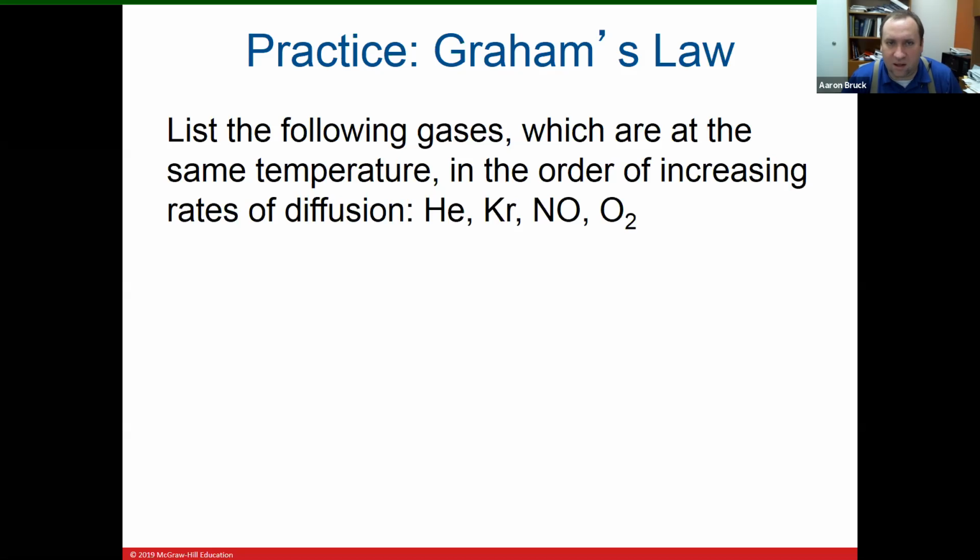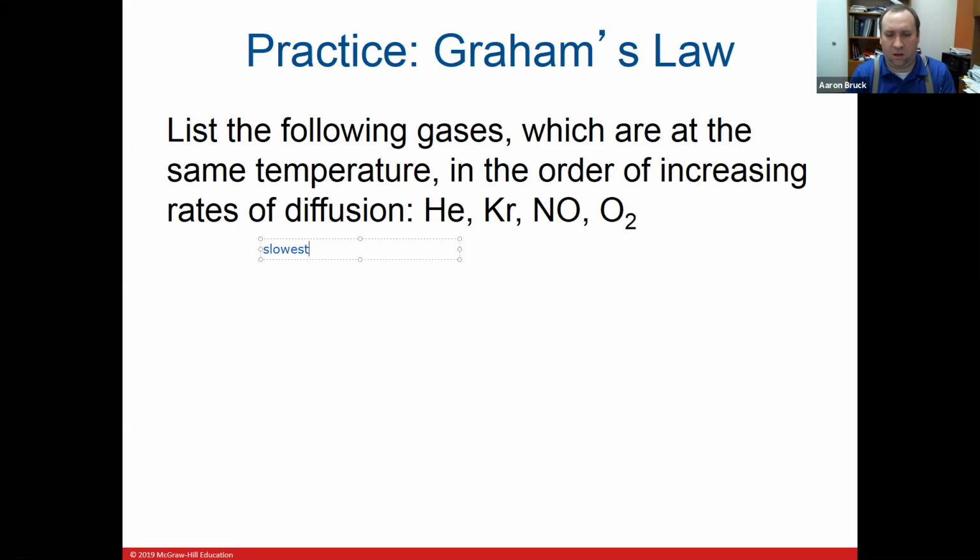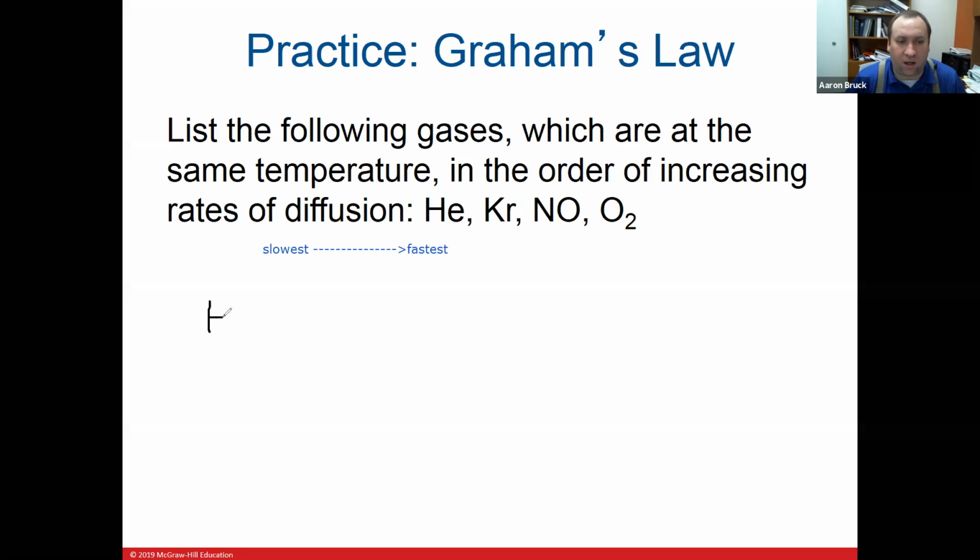So that means slowest first, and taking it all the way to fastest. So I've got helium, krypton, nitrogen monoxide, and oxygen. All I need to do for each of these is determine the molar mass of all of them and then put them in the appropriate ranking order.